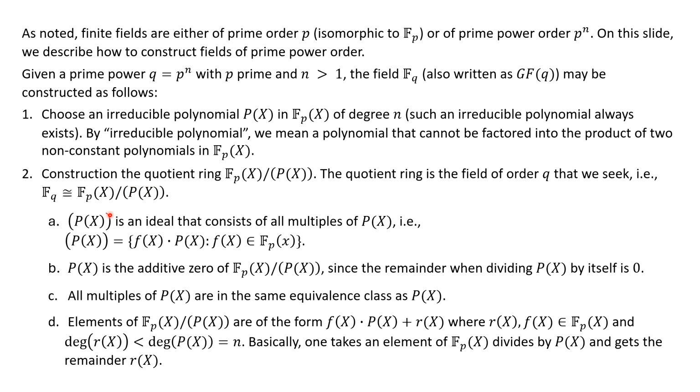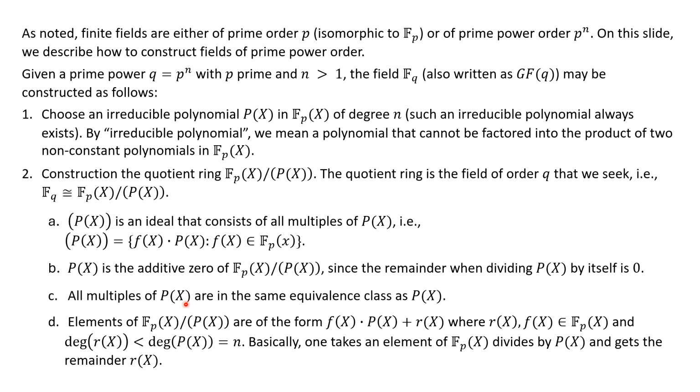The ideal generated by p(x) is an ideal consisting of multiples of p(x), i.e., this set here, f(x) times p(x), where f(x) is in F_p[x]. p(x) is the additive zero of F_p[x]/(p(x)). In other words, it's the zero of this quotient ring, since the remainder when dividing p(x) by itself is 0.